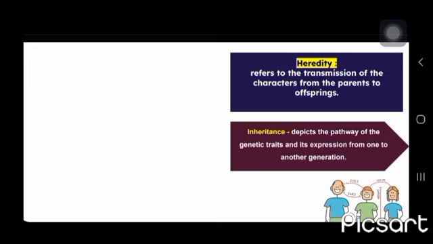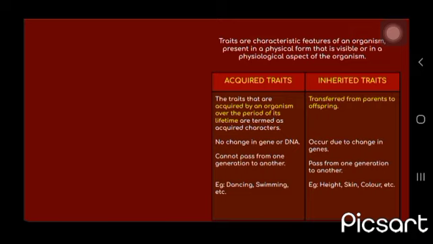Traits are the characteristic features of an organism present in a physical form that is visible or in a physiological aspect of the organism. There are two types of traits, acquired traits and inherited traits. Acquired traits are the traits that are acquired by an organism over the period of its lifetime, and inherited traits are traits that are transferred from parents to offspring.